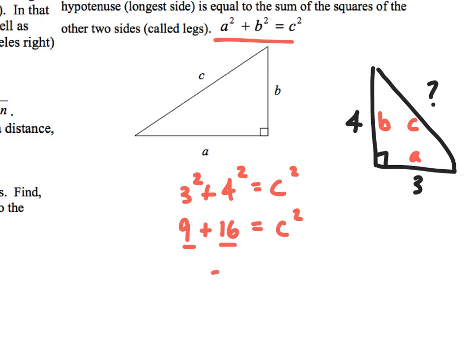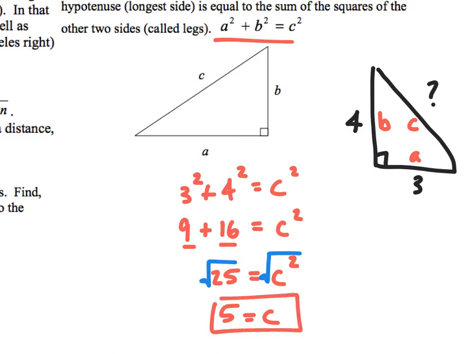What I want to do here is solve for C. To undo something squared, I do the opposite of squaring, which is taking the square root. So what we end up getting is that 5 is equal to C, and that's that third length.